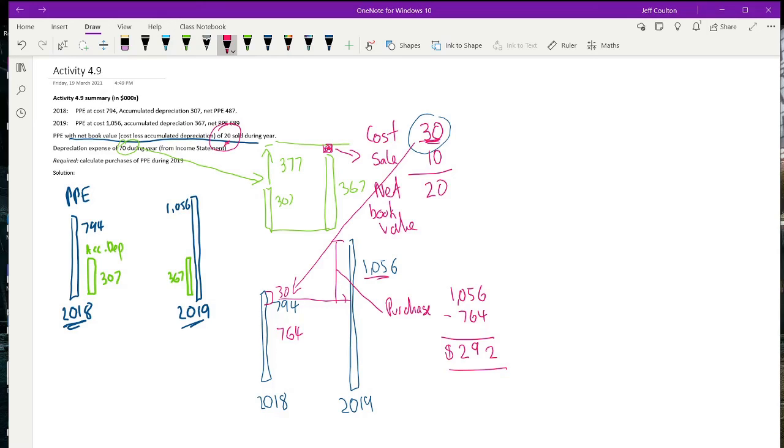So hopefully that explains how we've come to the 292 amount in relation to this sale of PPE. The key point is that selling property, plant and equipment involves removing the accumulated depreciation component of that PPE, as well as the cost of the PPE.